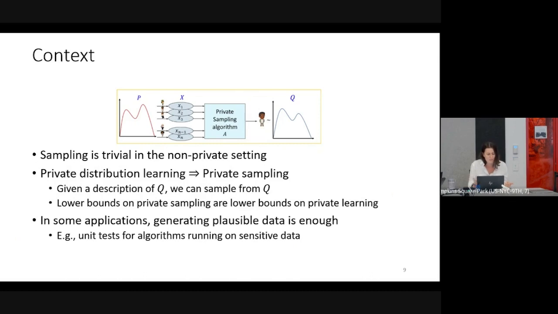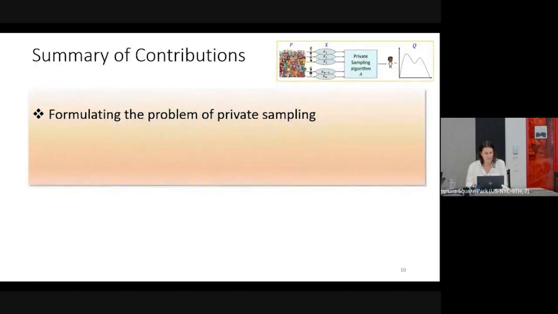So for example, if you're writing unit tests for algorithms that are running on sensitive data, and you don't want to waste a bunch of privacy budget learning the distribution of your input. All right. So in this work, we formulate this new problem of private sampling.